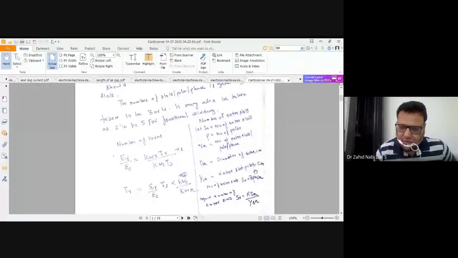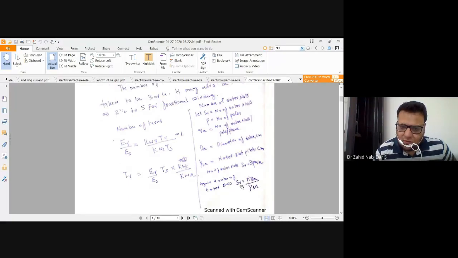Now if you have to calculate the number of rotor slots, you can calculate it with respect to YSR. We can relate it as the circumference of the rotor divided by YSR, which gives the slots. This is the relationship between these.